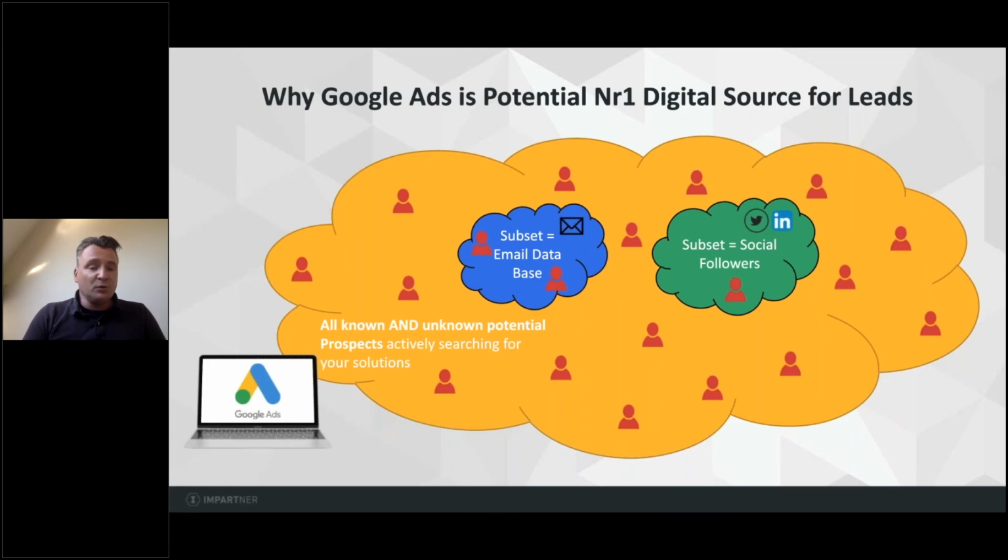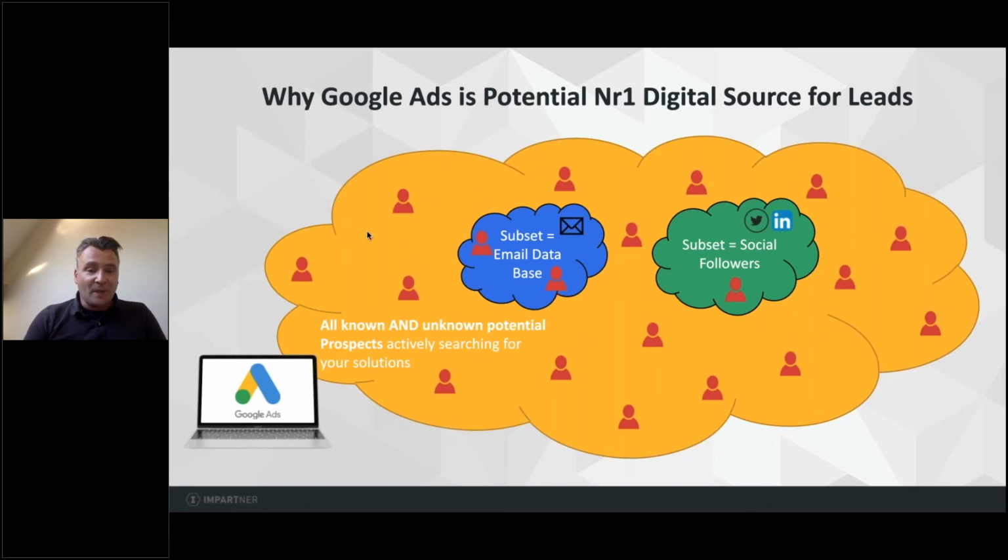If you would run email database campaigns, you will always have a subset of the potential prospects out there. If you run social campaigns, it will always be a subset of your potential audience with all the hot prospects, right? So the nice thing about Google and search is that instead of getting access to your known databases and your known followers, you also get access to your unknown audience.